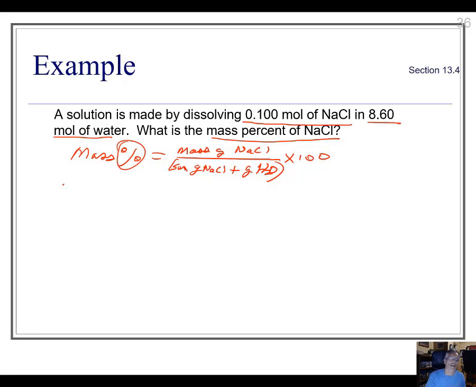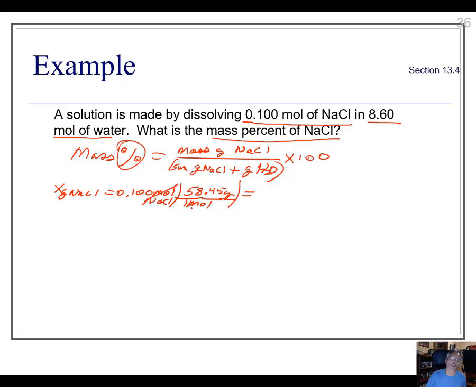That's an easy calculation. So X grams of sodium chloride, you've got 0.100 moles of sodium chloride. This is NaCl. And 1 mole of NaCl is equal to 58.45 grams of sodium chloride.